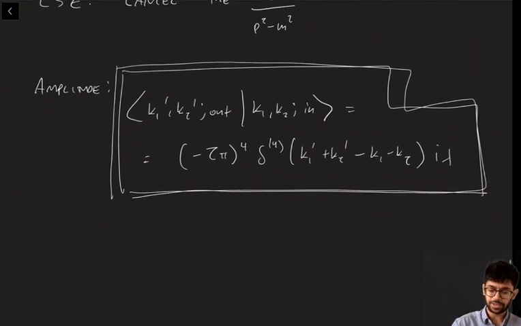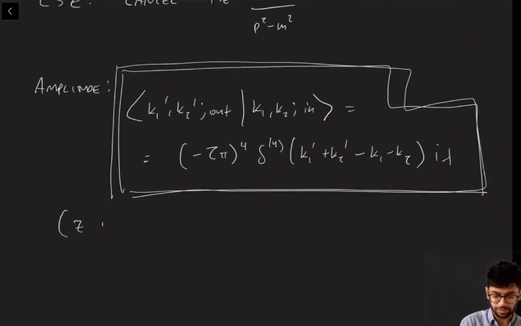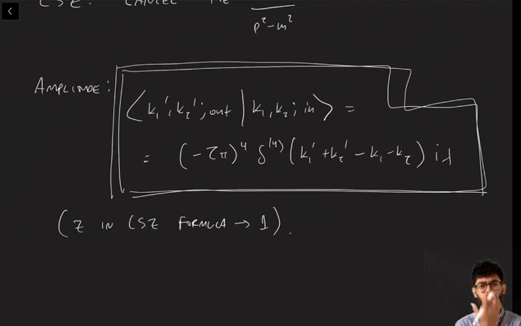And one thing I should say is that there is a Z in the LSZ formula, and I set that equal to 1. We'll discuss that later. It turns out at order lambda, it does not get changed. There's a chance to correct it at order lambda squared, but we'll discuss that in the next lecture.